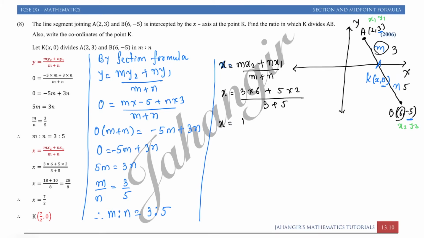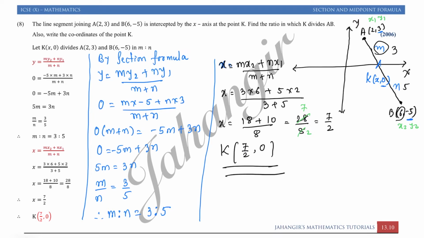So x is equal to 18 plus 10 upon 8, that is 28 upon 8, that is 7 by 2. So we can get K coordinate as 7 by 2 comma 0. Hope you understood this. This was a simple question related to concepts of section formula.